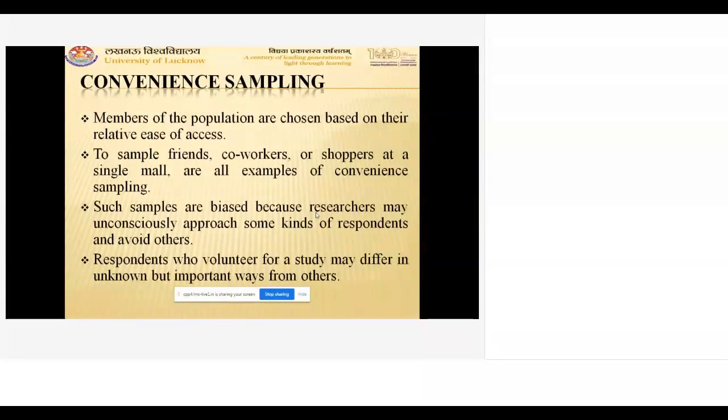Generally, it is preferred to conduct the survey in our locality or among our relatives to obtain the sample, as these are more convenient to us. That is our friend circle, our co-workers, our family, or the persons who are neighbors to us, that are easily available individuals, and the survey is performed according to our convenience and the objective of the study.